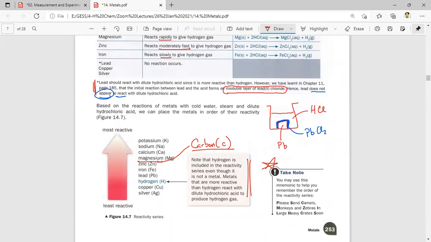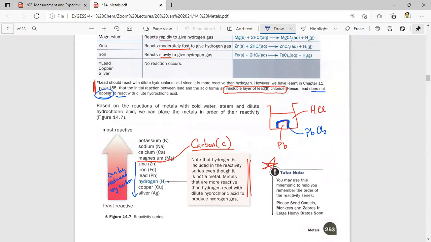It's because carbon is placed over here, and anything below this carbon can be reduced by carbon. That means I can extract all of these things here from the metal ore. I can extract the pure metal from its ore using the idea of reduction by carbon.